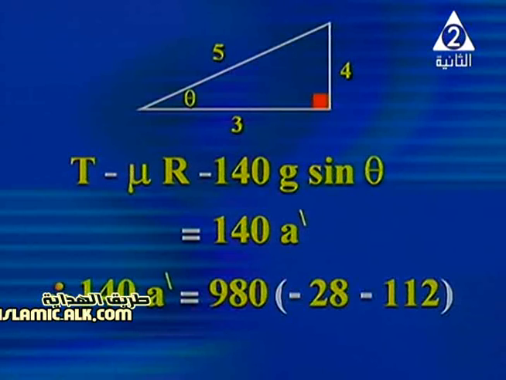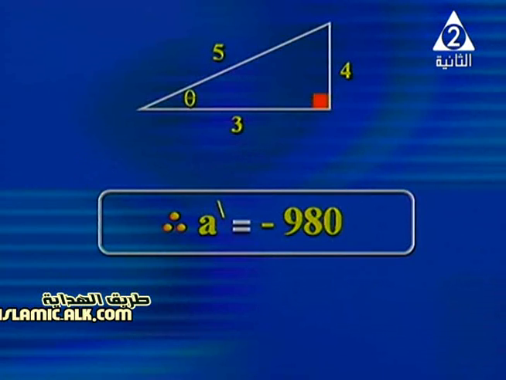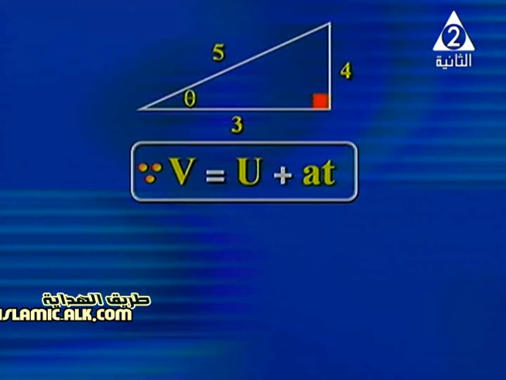To find the value of a dash, the second acceleration: 140 a dash equals 980 multiplied by the bracket negative 28 minus 112. Then the acceleration becomes negative 980 centimeter per second square.